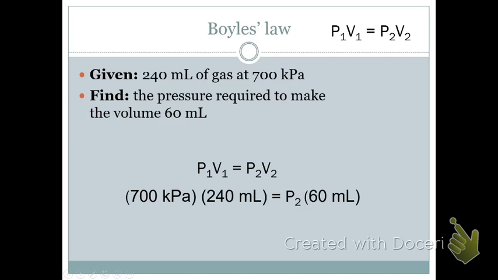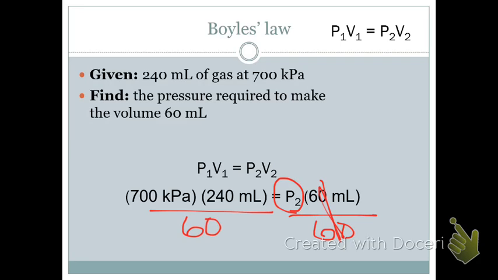When we do that, we have our 700 kilopascals, which is P1. We have our 240 milliliters, which is V1. This time we do not know what P2 is, but we do know what V2 is. So this time, instead of solving for V2, we are going to solve for P2 by dividing both sides by 60, which cancels it out on this side.